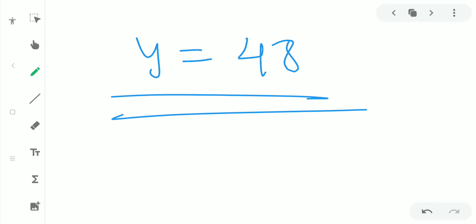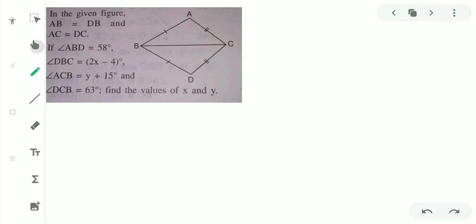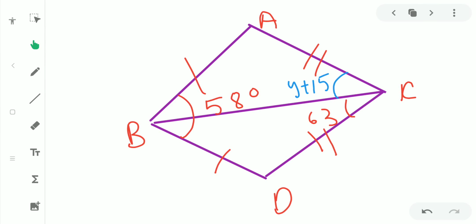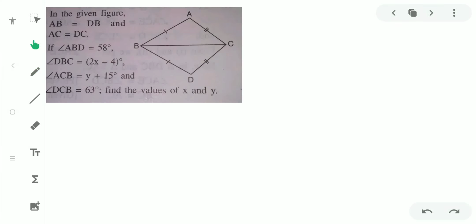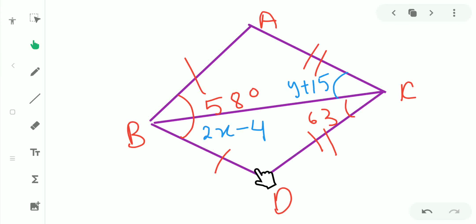Now the only part left is x, and x is with angle DBC. So DBC, let us trace it, angle DBC. This angle will be equal to 2x minus 4 degree.